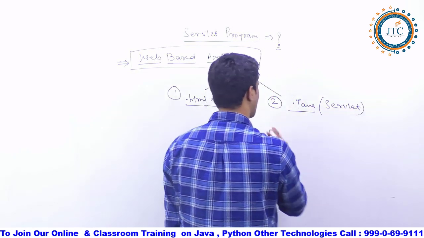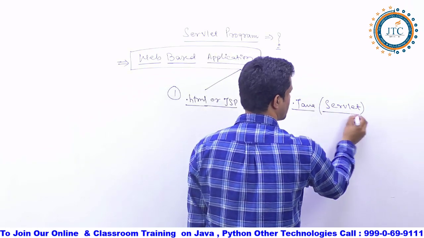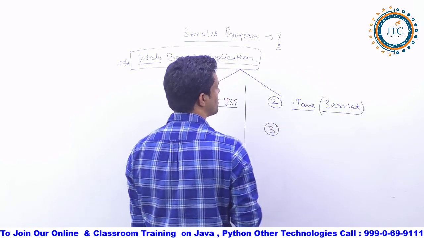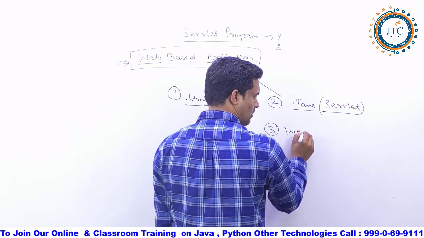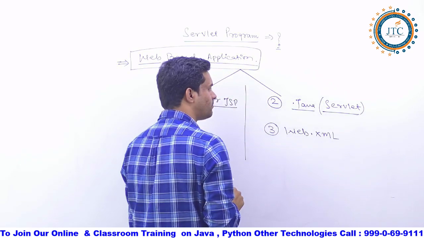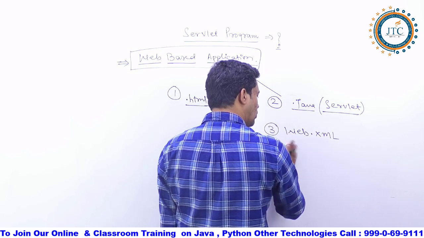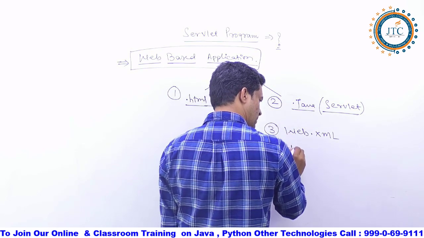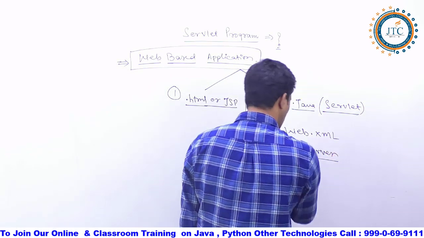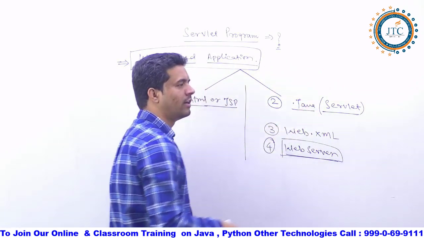And after writing this .java servlet, the third component we have is web.xml. The fourth one we need is the web server. Over the web server, these complete things will be deployed in your system.